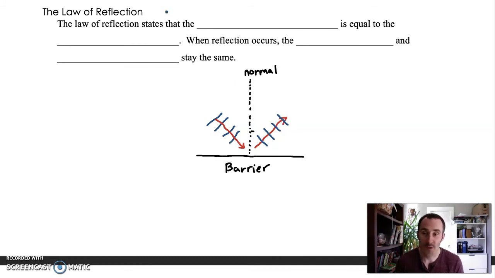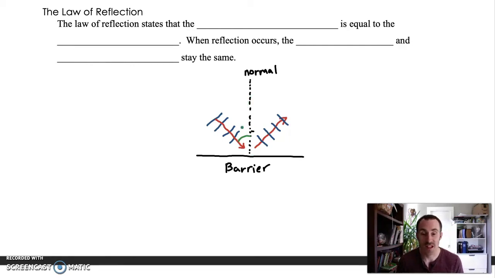Now we can describe those directions using the angles of incidence and angles of reflection. Incidence means incoming. The angle of incidence is defined as the angle between the wave ray, the direction that it's moving, and the normal line to the barrier.